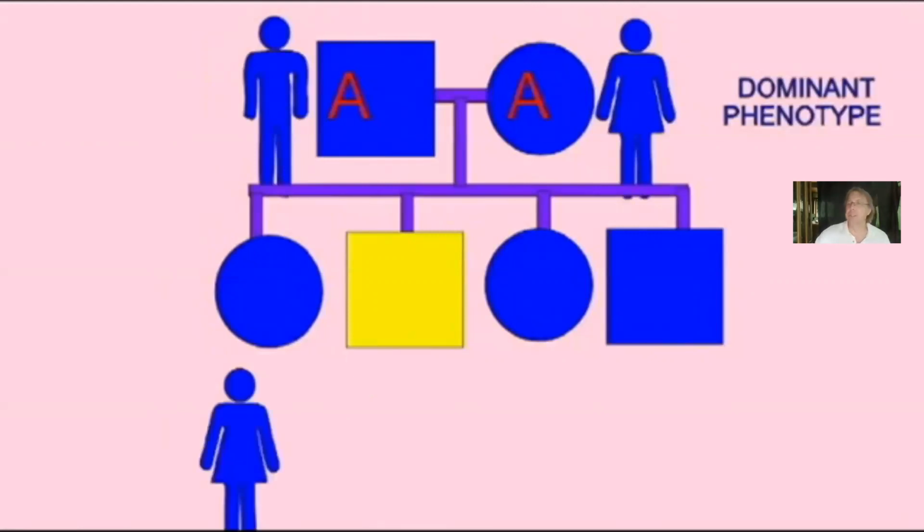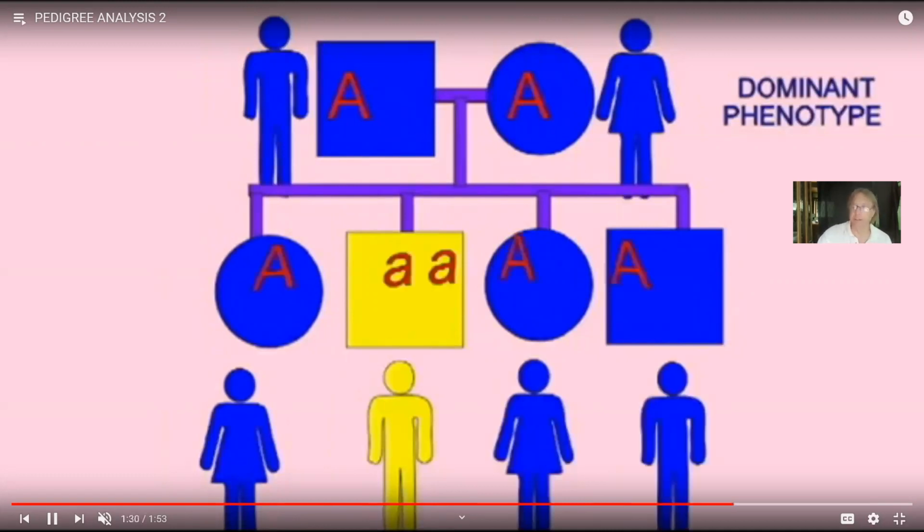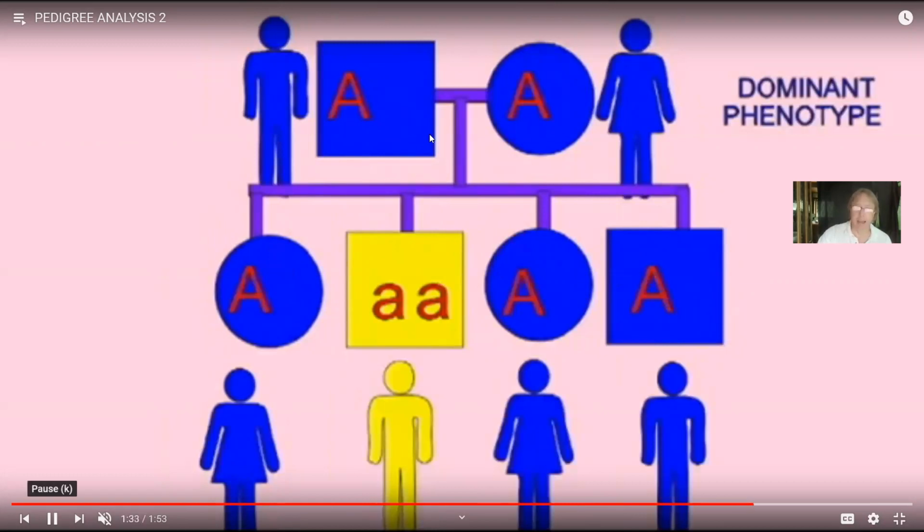So here's another example. Let's say that here you have these 2 parents, clearly with a dominant allele, and here are their children. Well, this child has the recessive trait. The only way to have the recessive phenotype is to receive a recessive allele from each of your parents. So if this one got a recessive allele from their father and a recessive allele from their mother, that means that their father and mother must both be heterozygotes.